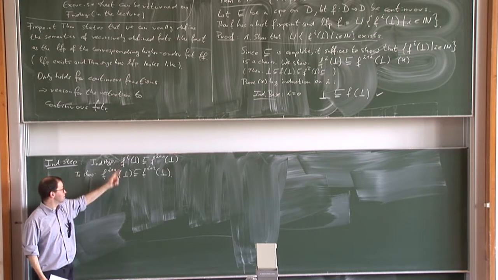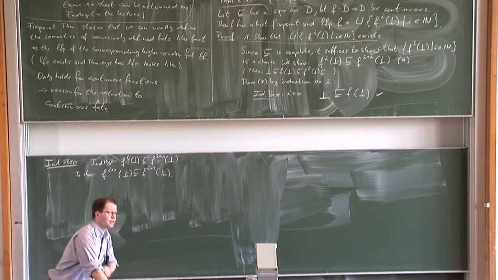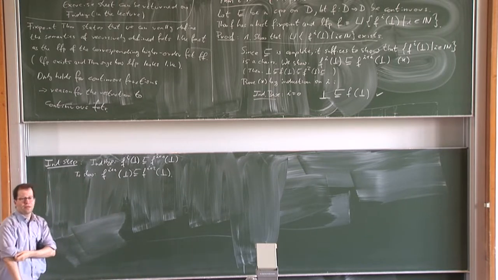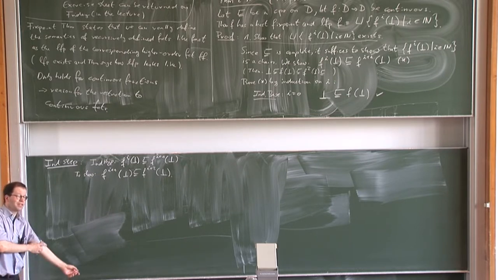Now, why does this imply that? Now, we know something about f. f is not completely arbitrary. f is continuous. And therefore it's monotonic.